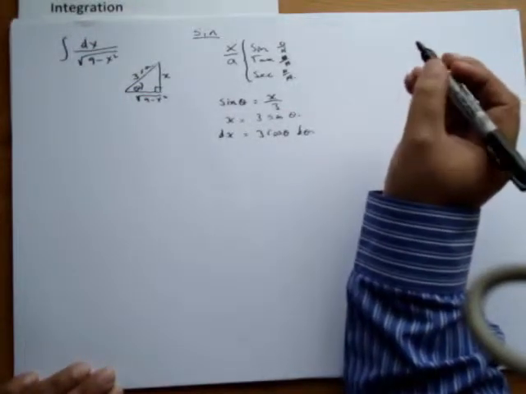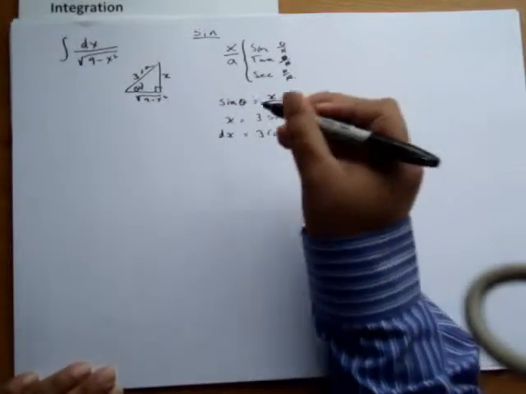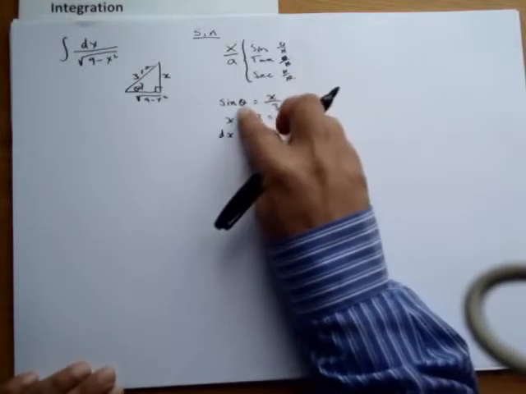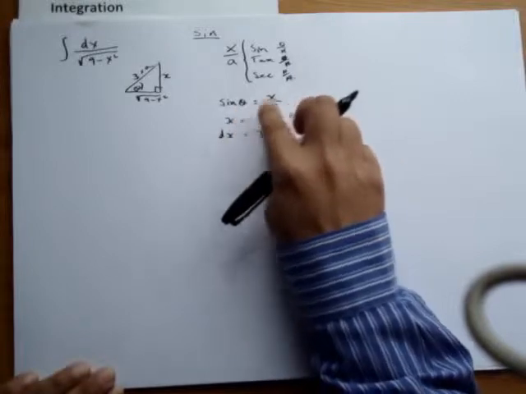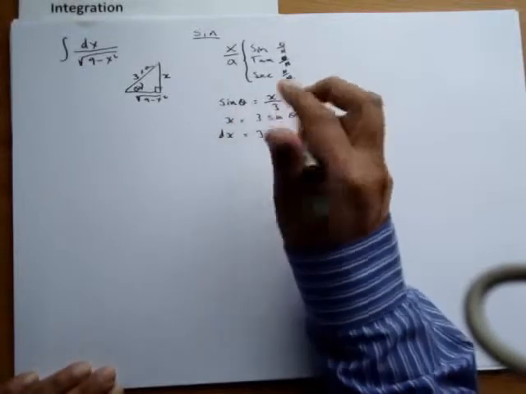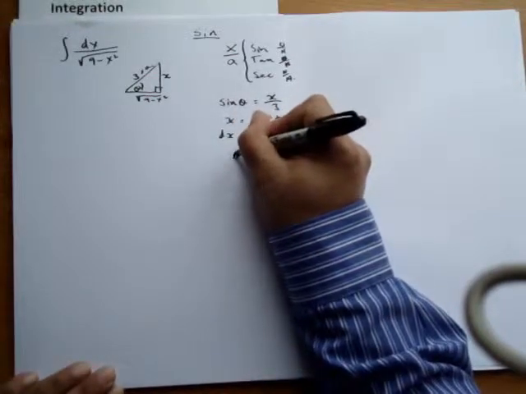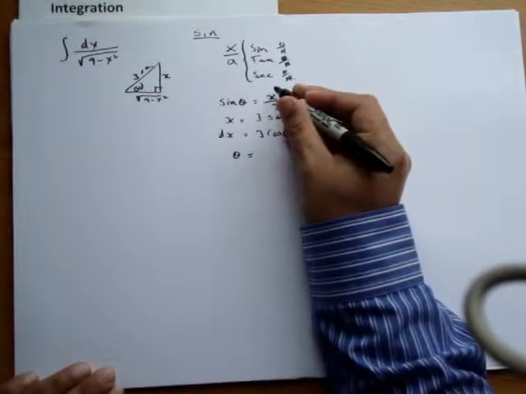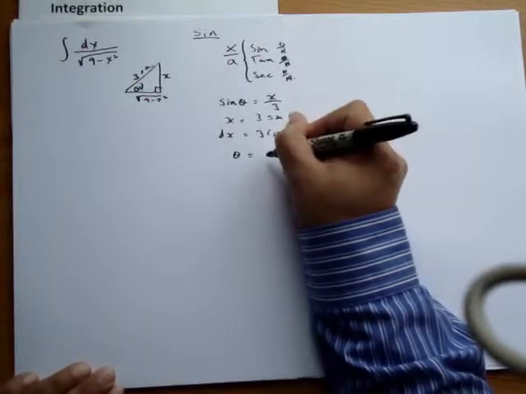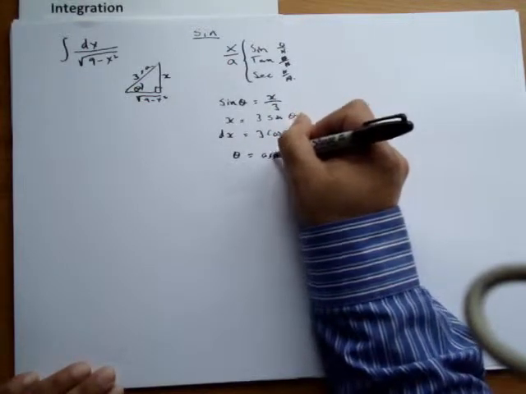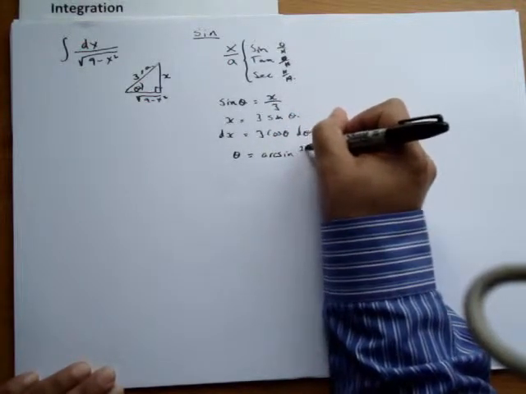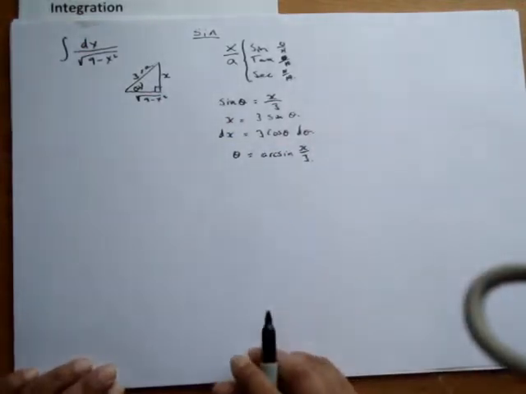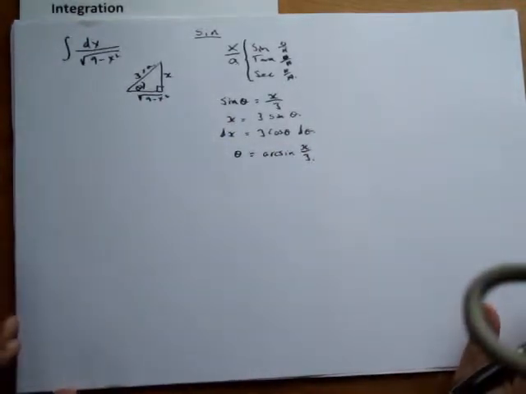Sometimes if we want to find the value of just theta from sine theta equals x over 3, theta is sine to the minus 1, or arc sine, of x over 3. Now that we've got those values, we can do the substitution.